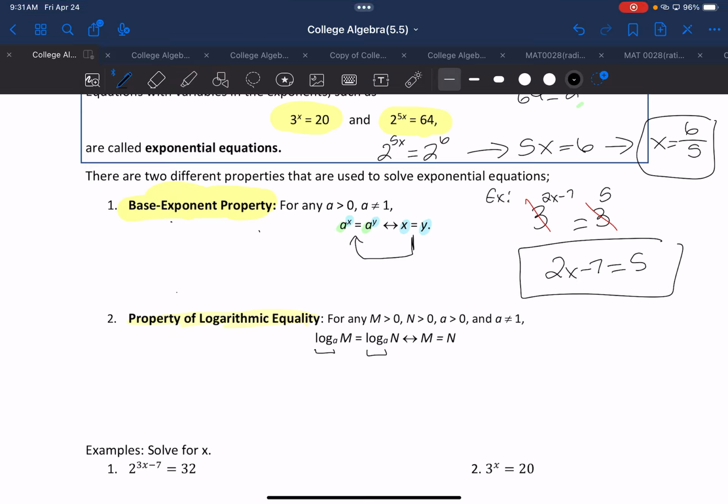And that's going to be helpful to us because it'll allow me to get the variable out of the exponent. So anyways, if I had an example like this, then technically this would be my m here, and this would be my n. And then this would be the same thing as log of 3^x equal to log of 40. This is called taking the log of both sides.